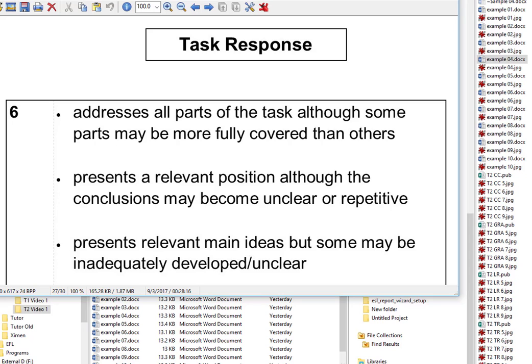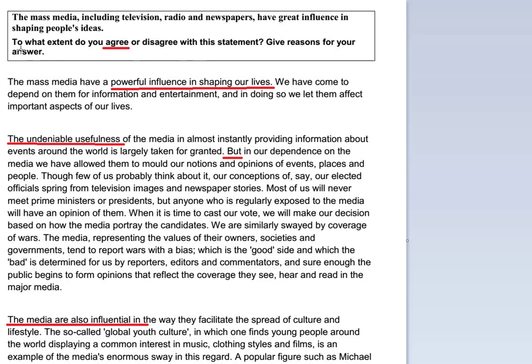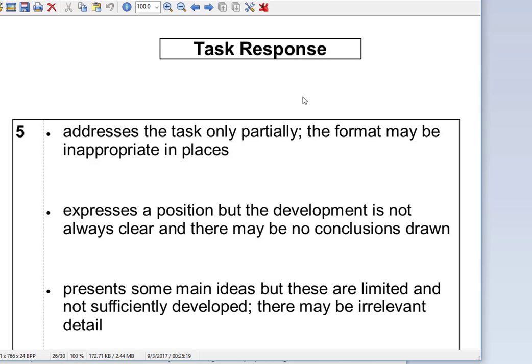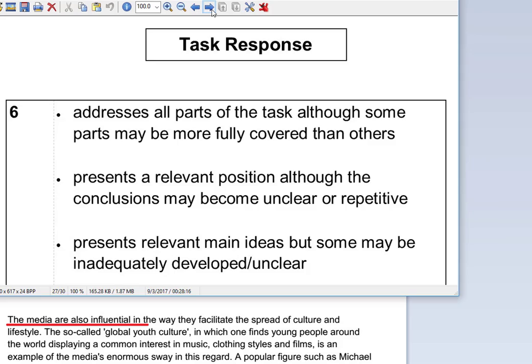Addresses all parts of the task. Well, the task really just wants you to do one thing: to what extent you agree or disagree, give reasons for your answers. That is done, but... okay.